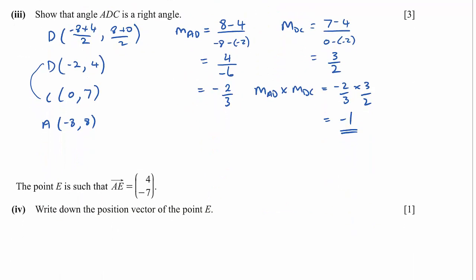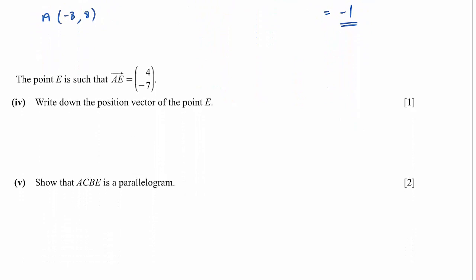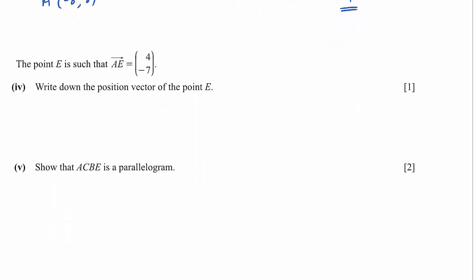So the point E now is such that AE is equal to (4, -7). To go from A to E, we go across 4. So we know that A is at (-8, 8).